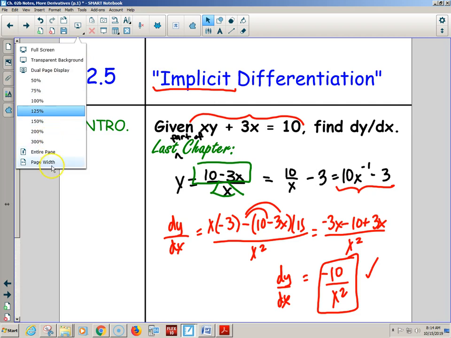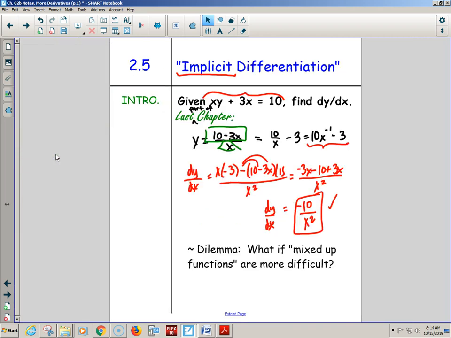There's a new way, but not just is there a new way, there's a need for a new way. What's the dilemma say? What if mixed up functions are more difficult? What if that had a y and that had a y squared? We could pull out one y, but you could do a quadratic formula.